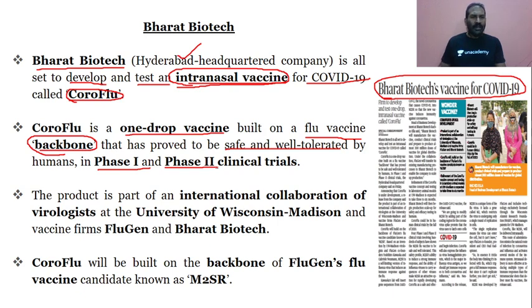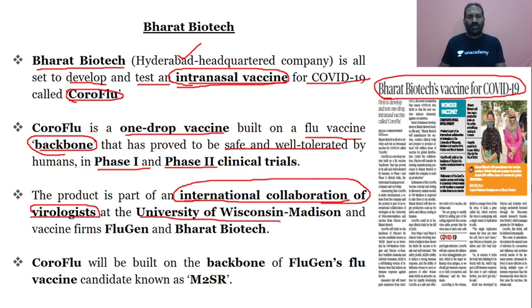So this is a one drop vaccine which is an intranasal vaccine called Coroflu, and this is a product which is part of an international collaboration. This is an international collaboration of virologists. The international collaboration of virologist institutions has come forward at University of Wisconsin, that is Madison, and then another vaccine firm called Flugen, and then Bharat Biotech.